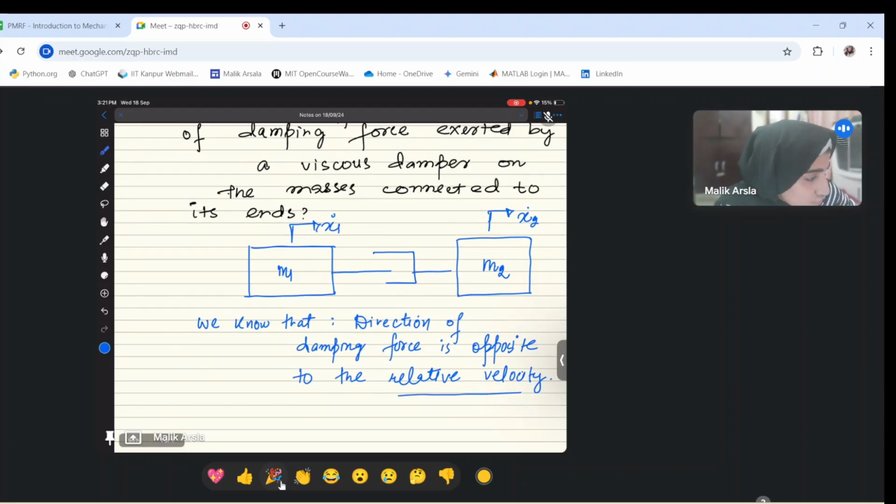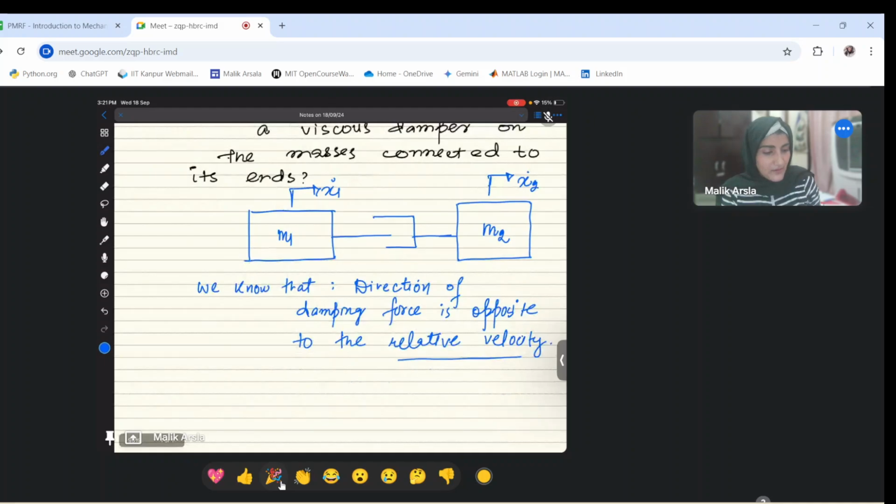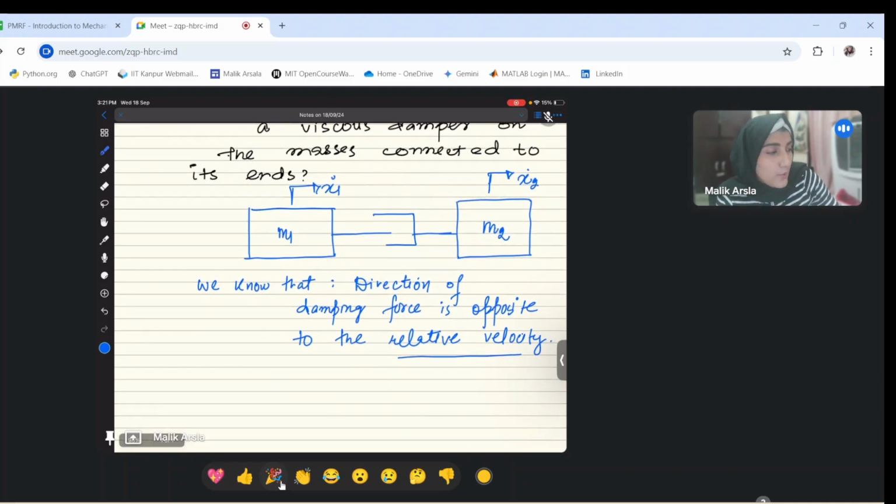It is talking about the relative velocity between the 2 points, that is the point on the mass m2 and the point on the mass m1. So let me consider those 2 points. I can call it point 2 and I can call it point 1.